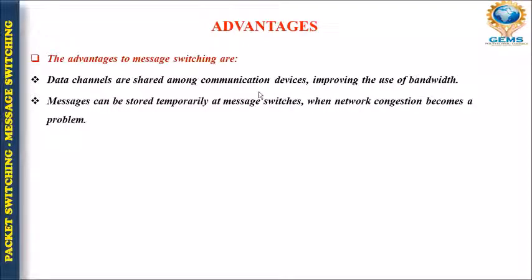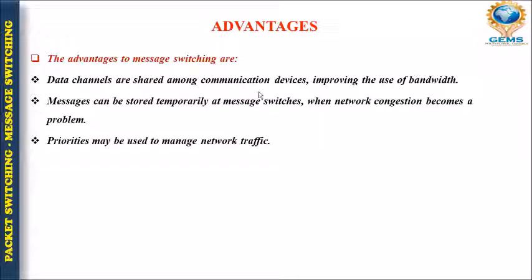Next, the message can be stored temporarily in the message switches when network congestion becomes a problem. Very, very important. That means whenever we have congestion, the message switching technique provides buffering, when the message is stored at the intermediate node.